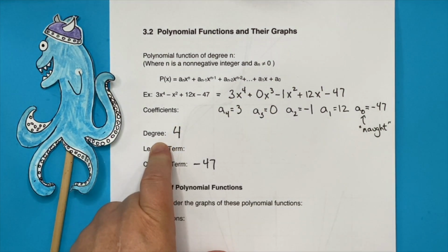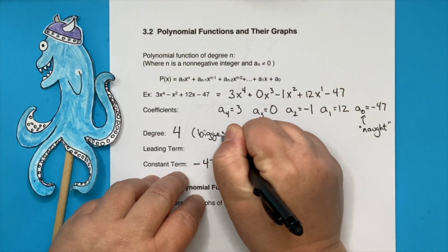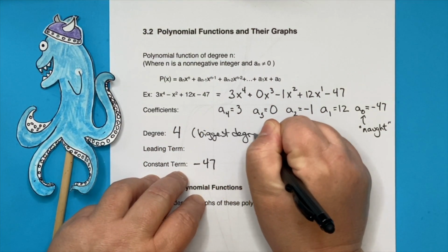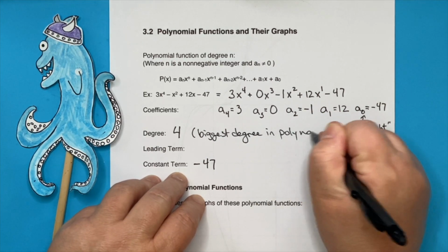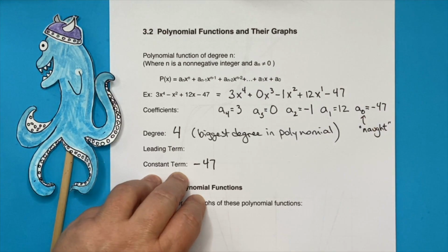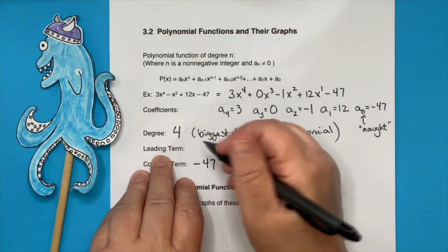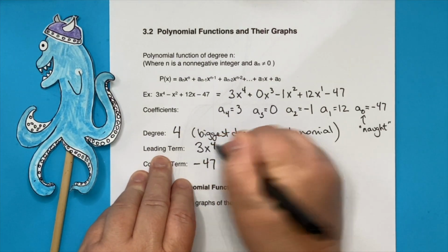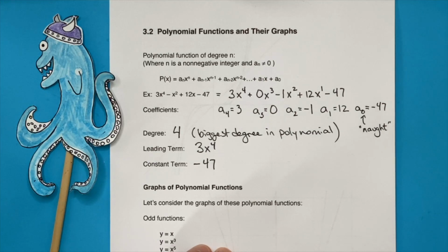It's whatever the biggest degree in the polynomial. And then the leading term is 3x to the fourth. Now, in this case, it happens to be first, but it isn't always just the one that's first. It's the one with the greatest degree.